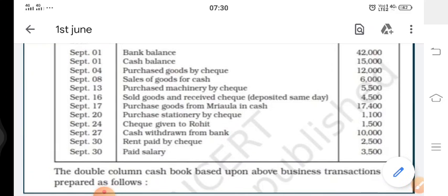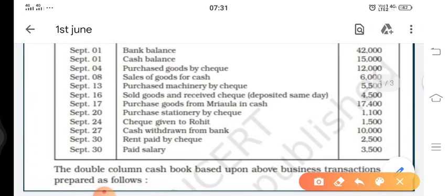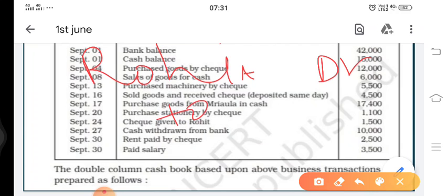Next point we have is check given to Rohit. Now we have given check to Rohit, which means it is a payment made to Rohit. So generally journal entry will be Rohit's account debit to bank account, since we have paid him by check.